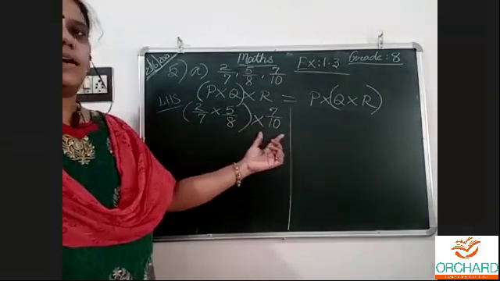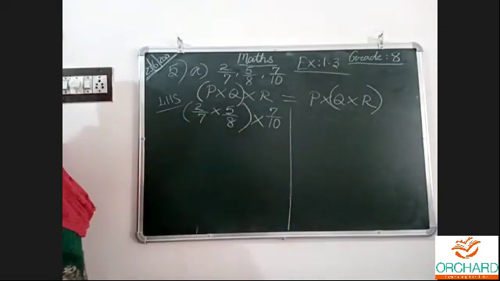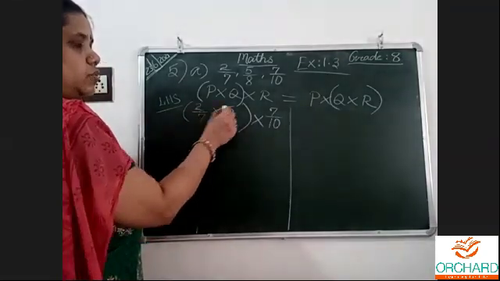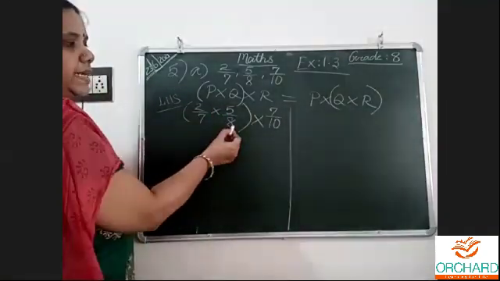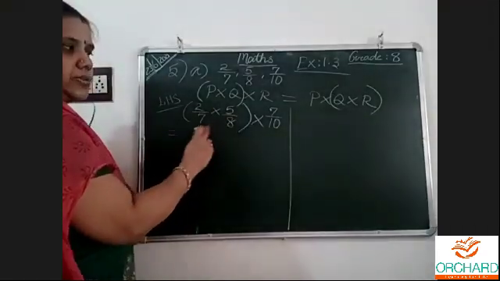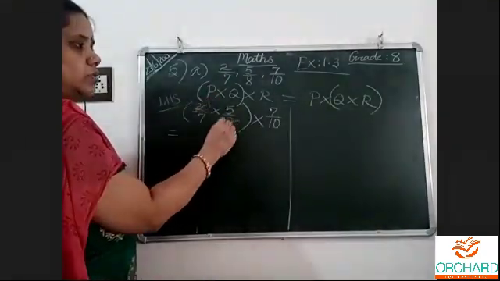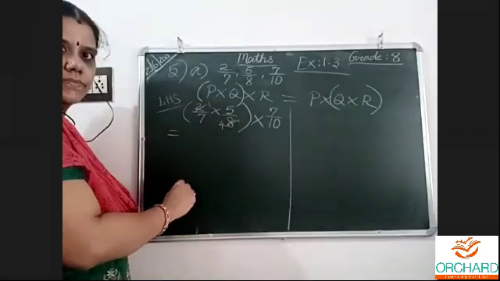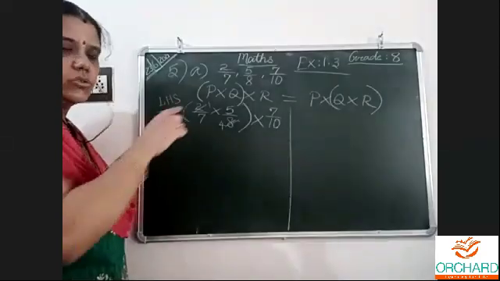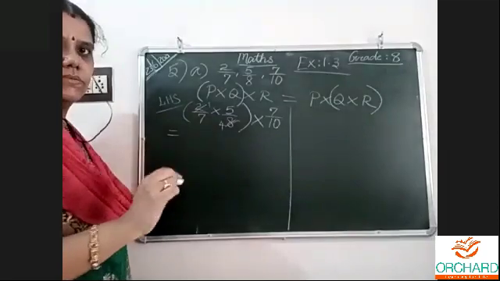P, Q and R. Normal multiplication, normal cancellation is allowed. 2, 5, 7. 7 will not go either in the 2 table or the 5 table. 8 will go. 8 and 2 we can cancel, as it is multiplication only. First we will do this, then we will do with the outside. 1 2s are 2, 4 2s are 8. 2 table. 5 and 7 cannot cancel, 5 and 4 cannot cancel. Only numerator with denominator should be cancelled; denominators don't cancel.